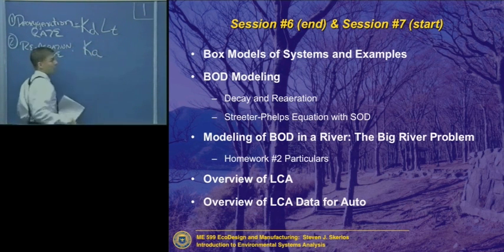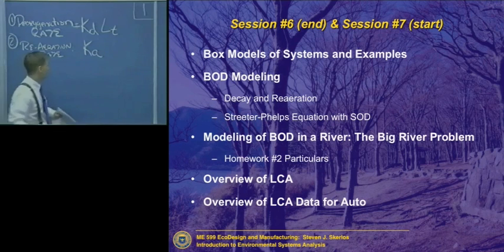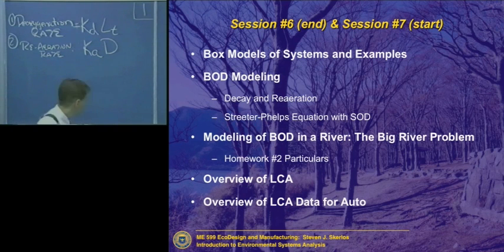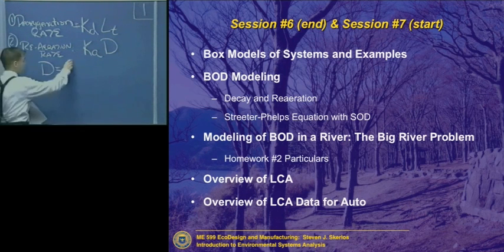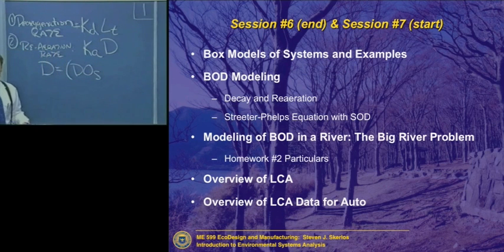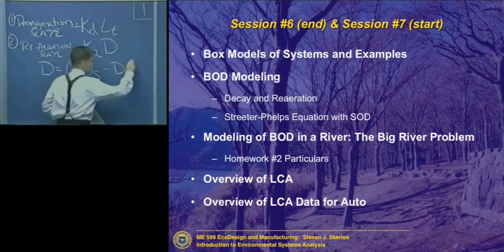This is our proportionality constant for reaeration. And D is going to be the dissolved oxygen deficit. And what we mean by D, if I can just write another equation, dissolved oxygen deficit in milligrams per liter is equal to the saturated amount of dissolved oxygen. That's the maximum amount of dissolved oxygen that the water can hold, right? Minus the observed dissolved oxygen concentration.